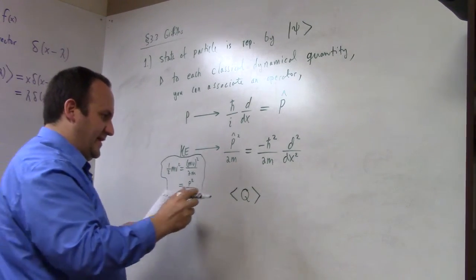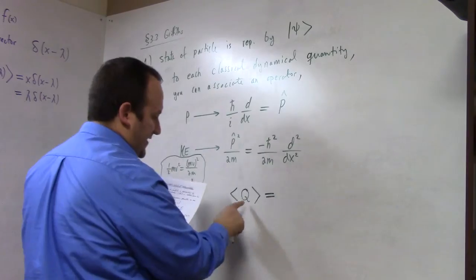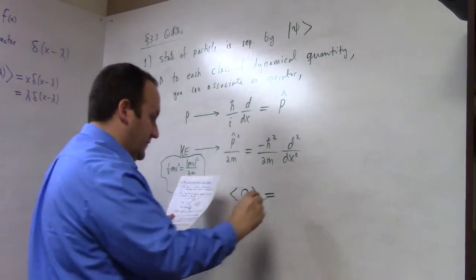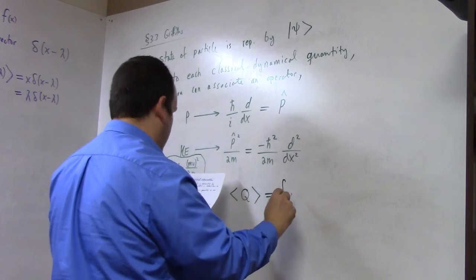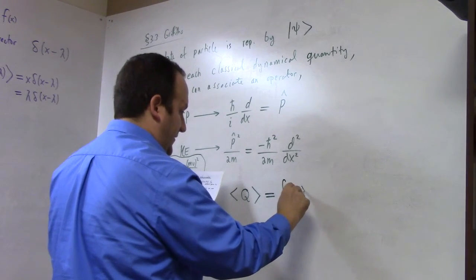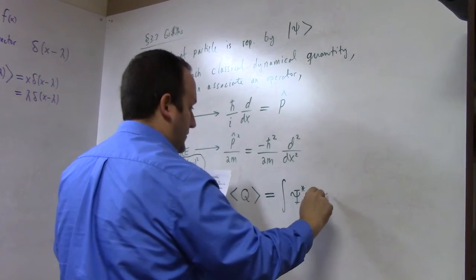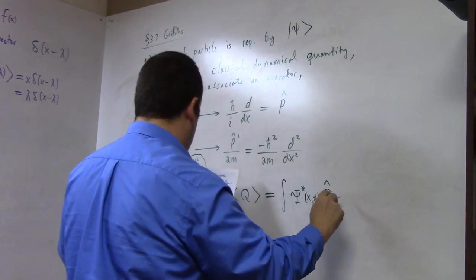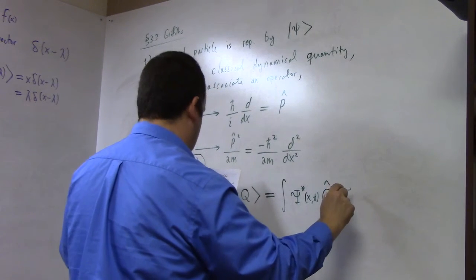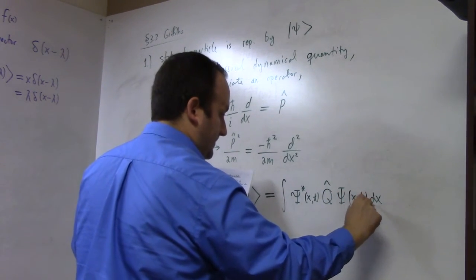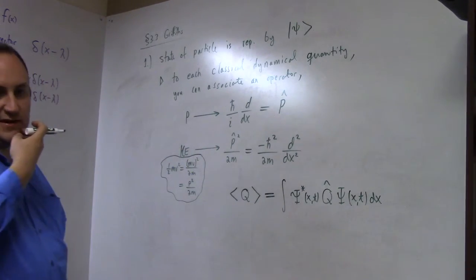The expectation value of that physical variable, this is basically an axiom, we get from calculating the integral of psi star of x,t, Q hat, psi of x,t dx. That's what it looks like in the integral notation.